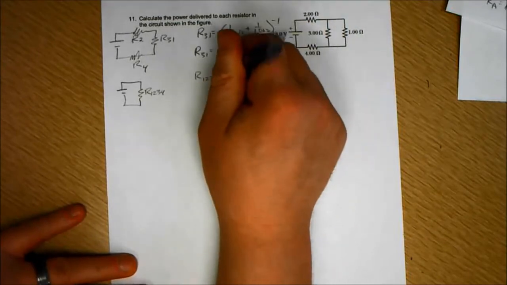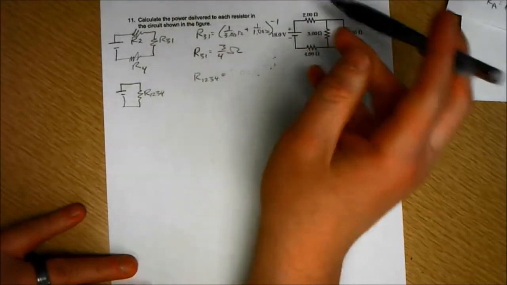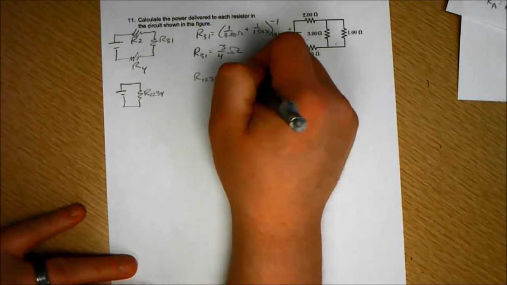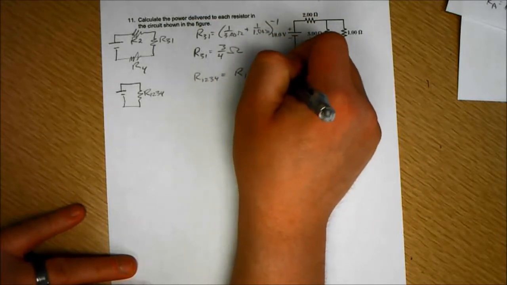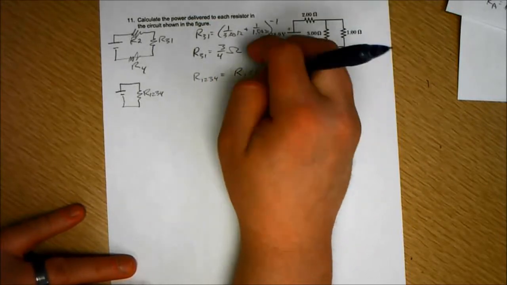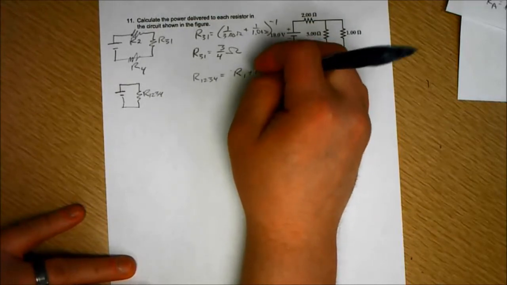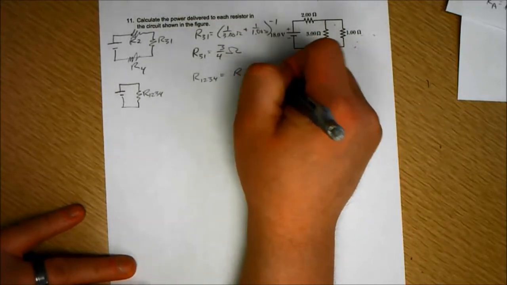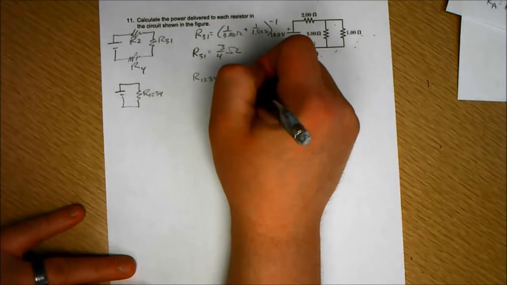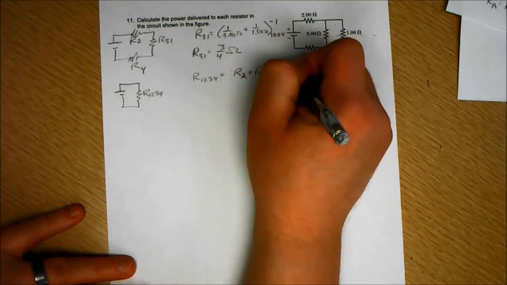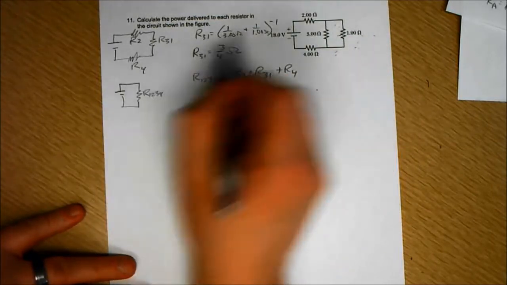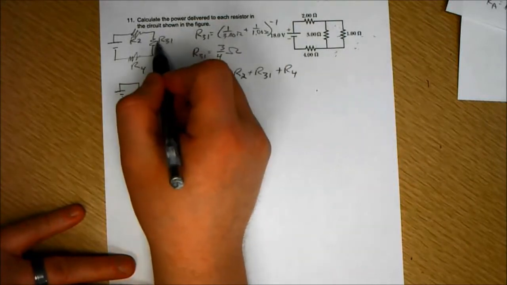Well, I'll write that symbolically: R1 plus R2 plus R31 plus R4. So I'm adding this, this, this, and this.